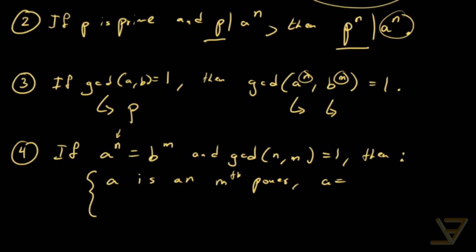So A is equal to C to the m for some integer C. And B, symmetrically, is an nth power. So B is equal to D to the n for some integer D. We can take C and D to be positive since A and B are positive.